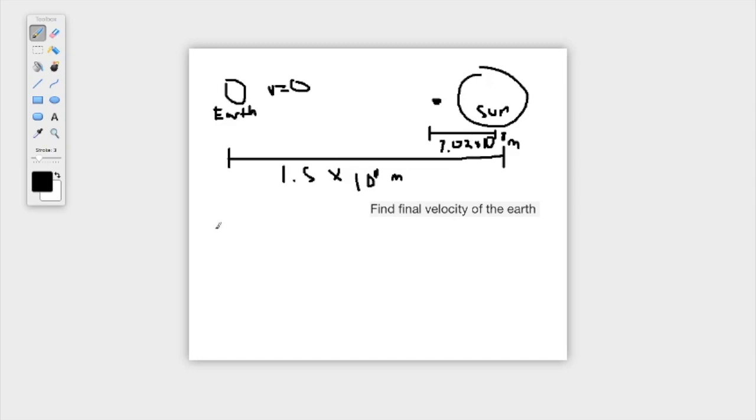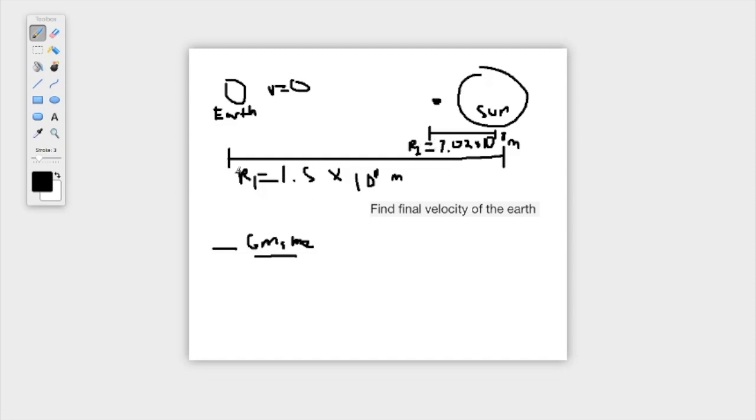So we know initially it's at rest, but it initially has some distance away from each other. Let's call this R1, and then let's call this R2.